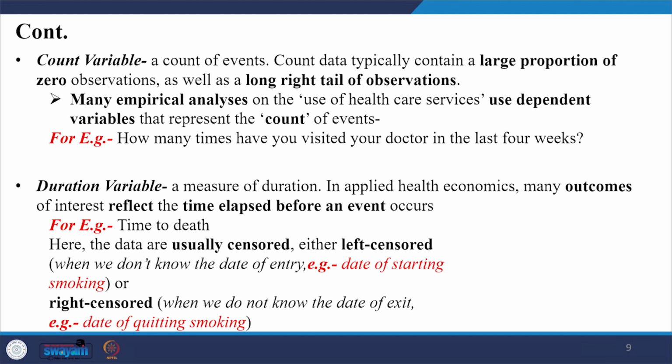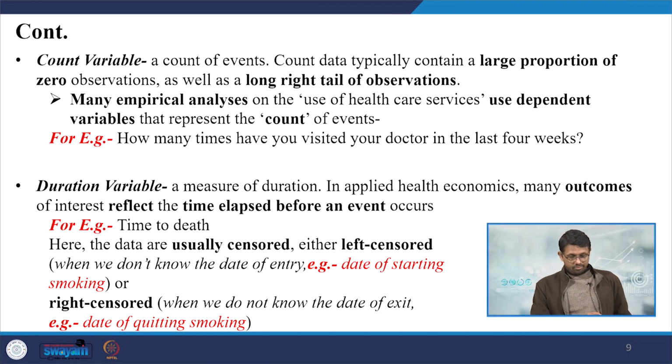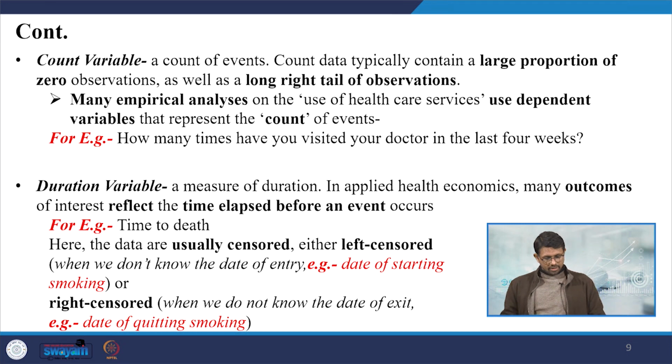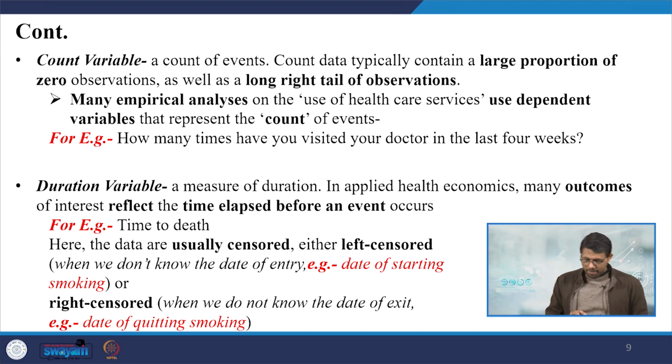Another aspect is regarding duration variables, which is indeed measuring the duration. In applied health economics, many outcomes of interest reflect the time elapsed before an event occurs. For example, time to death, here the data are usually censored or restricted, either left censored when we do not know the date of entry, for example, the date of starting smoking, which might have caused the time to death.